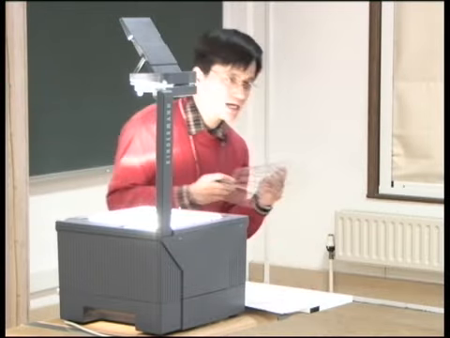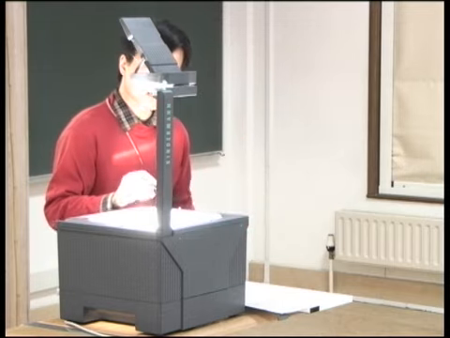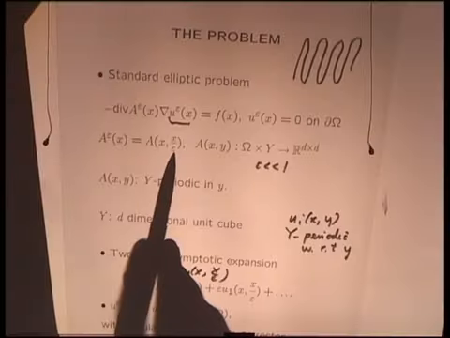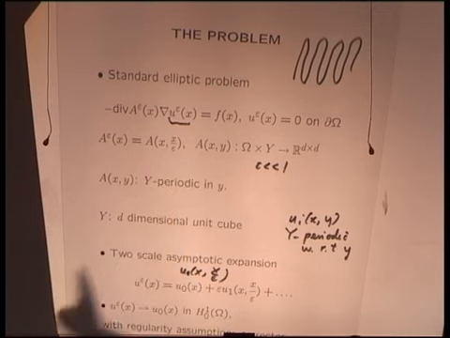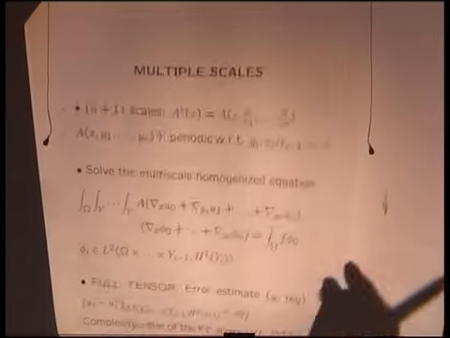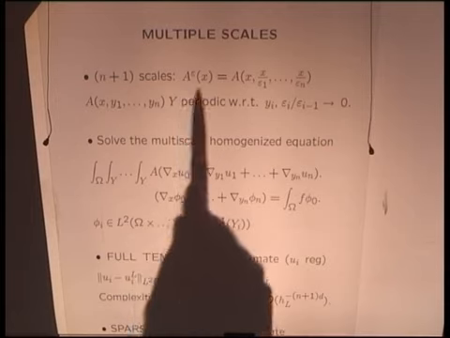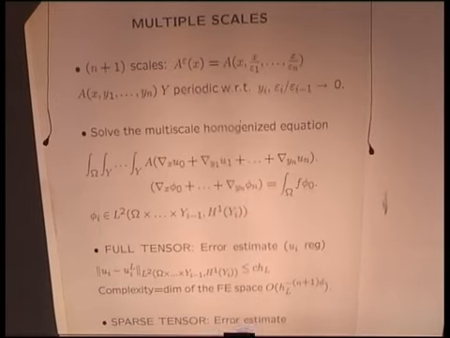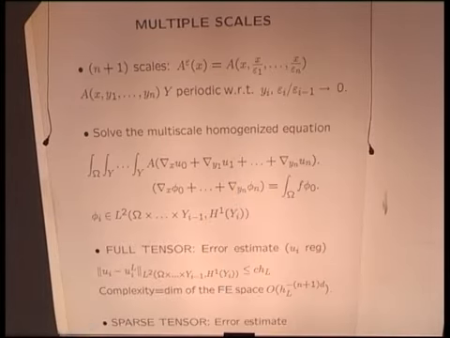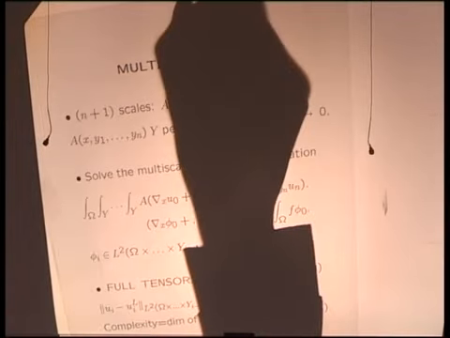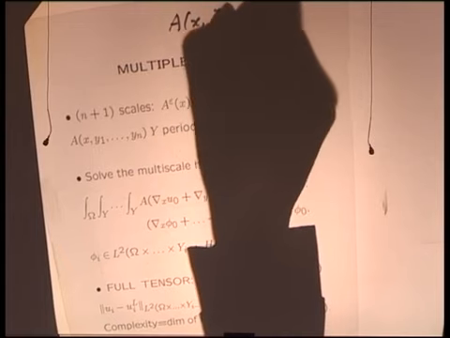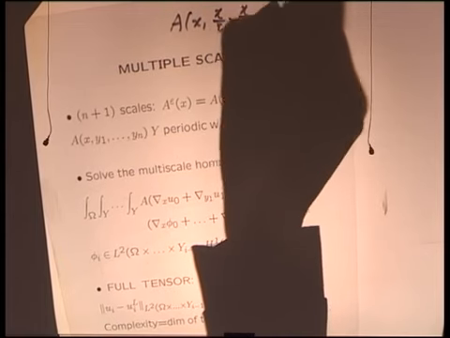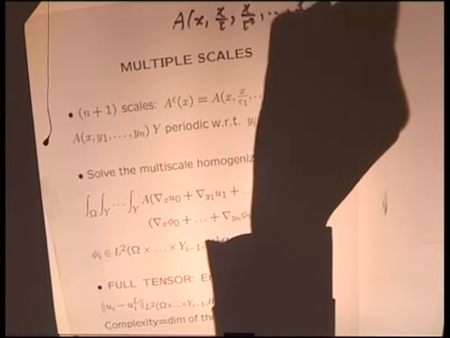So far, what we have is just A epsilon depends on x and x by epsilon. So what if we have x by epsilon squared, up to x by epsilon to the n? Say A epsilon depends on epsilon 1, epsilon 2, up to epsilon n; a simple example is just x by epsilon, x by epsilon squared, x by epsilon to the n.